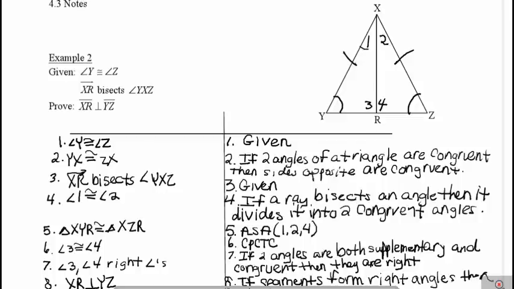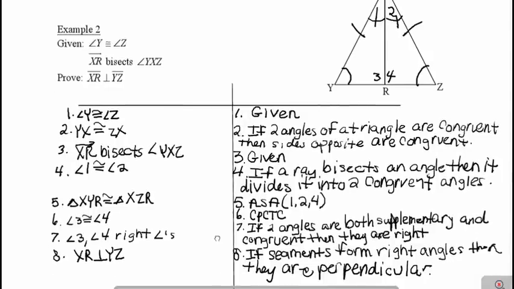After I copied down that given, I said that angles 1 and 2 are congruent because if a ray bisects an angle, then it divides it into two congruent angles. So from there, I had enough information to prove that triangle XYR is congruent to triangle XZR by angle, side, angle, steps 1, 2, and 4.